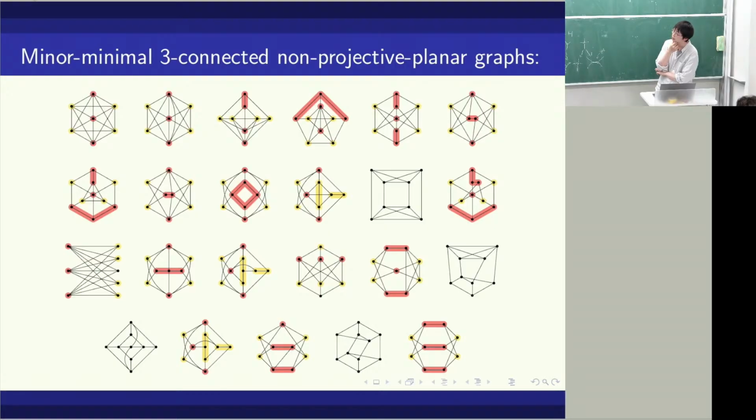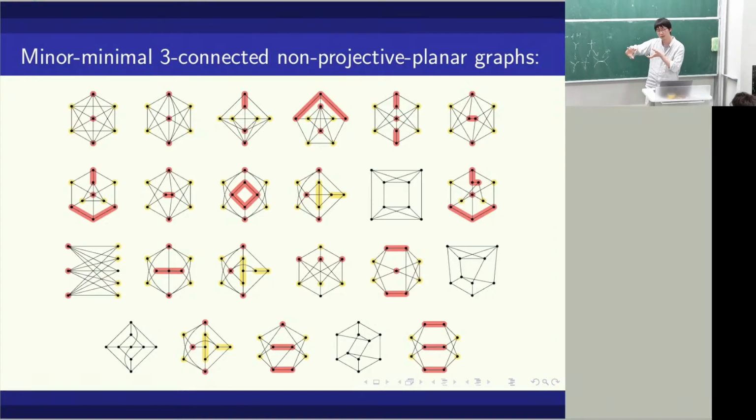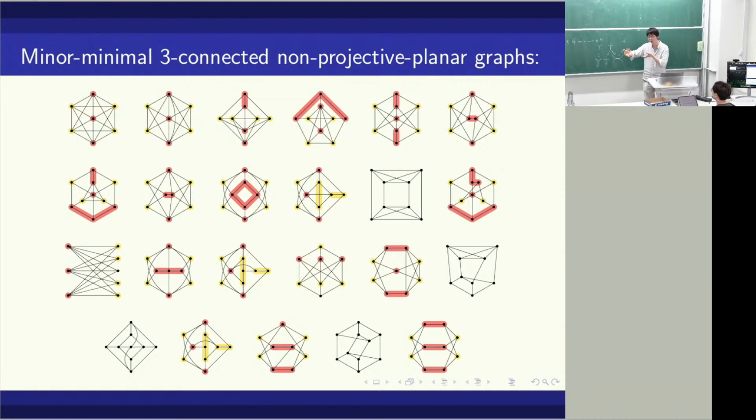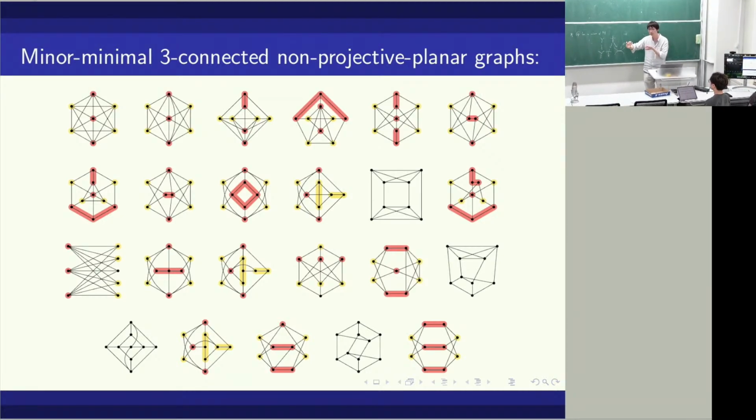I'm just thinking of how to simplify this proof and get the cases. For example, if you can find all the minor minimal graphs that cannot be embedded in the torus, or can be embedded in the torus. Cannot be.